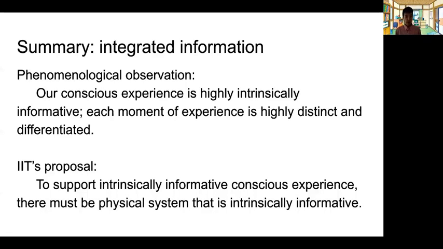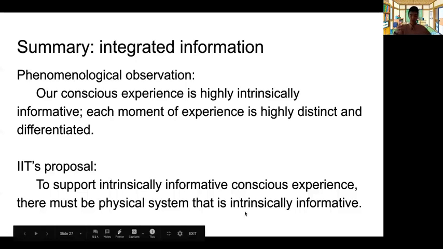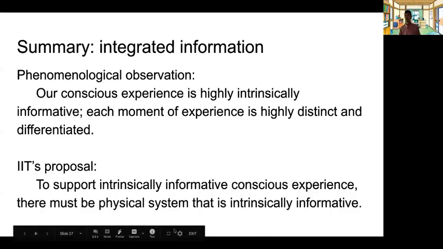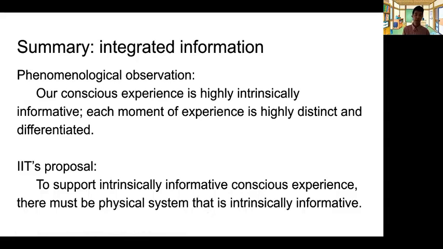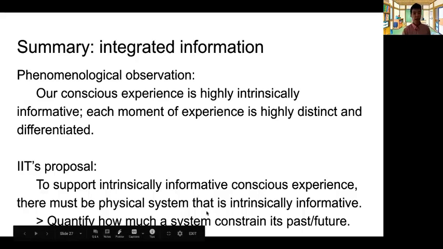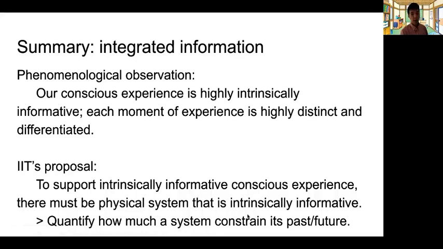The mechanism has to be intrinsically informative, which corresponds to having lots of states, and also having some kind of knowledge about its future and past. That's the intrinsically informative system. That's why we predict that the photodiode is unlikely to be conscious, because it doesn't have much repertoire for the future or past. And then the exact algorithm of IIT is to quantify how much a system constrains its past or future.